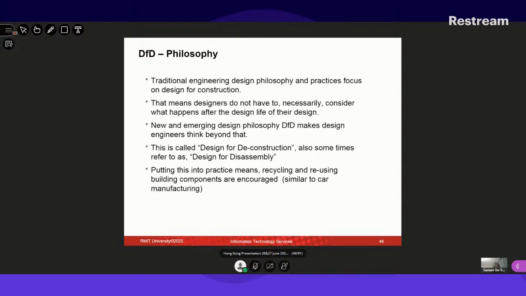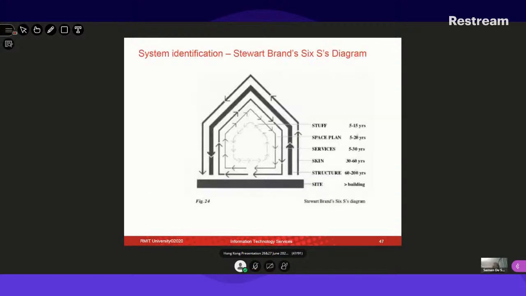So basically, what we are trying to see through this particular subject is whether you get a sense of it, a rough idea. Say this is a typical 6S diagram, they call it, Stewart Brand's initial idea of how you can visualize a housing sense. What are the things that you can do for deconstruction or reuse? Some parts you never can, some parts you can.